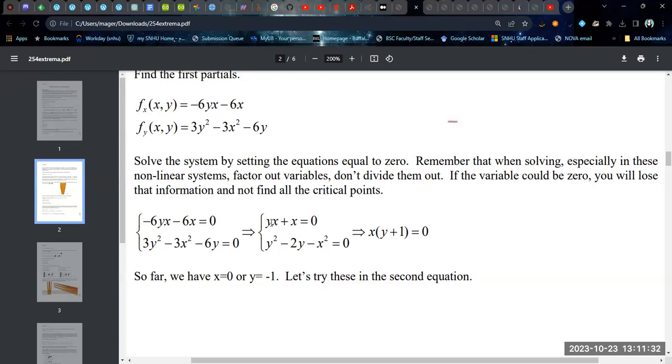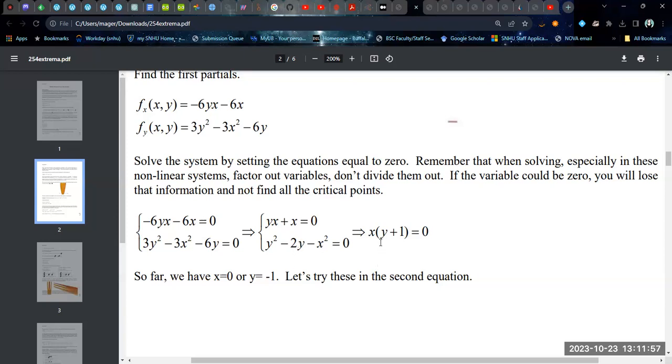If one of the variables is 0, you can't divide by 0. So you would need to factor. So this first equation, I factored, and I came up with 2 possible scenarios. Either x is 0 or y is -1. In the second equation, I've taken out a 3, but I can't really go any further at that point.